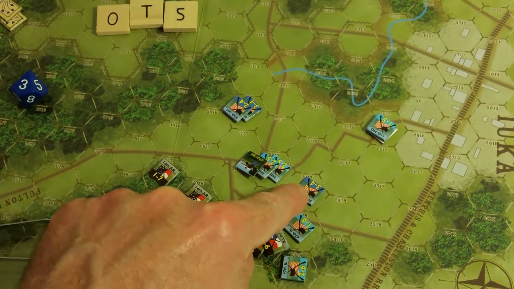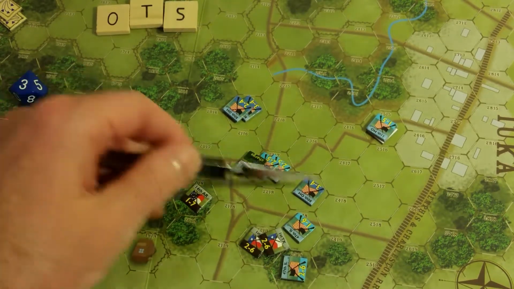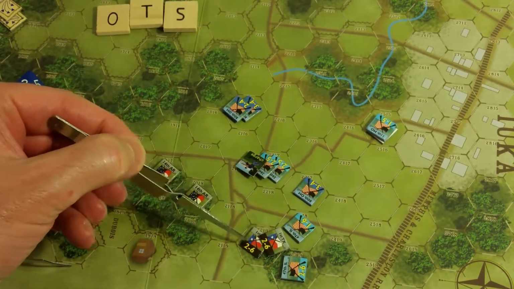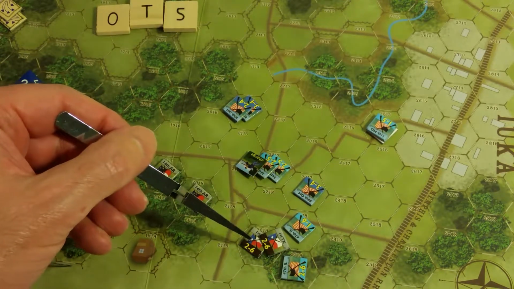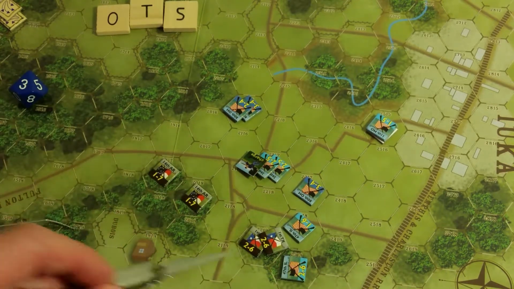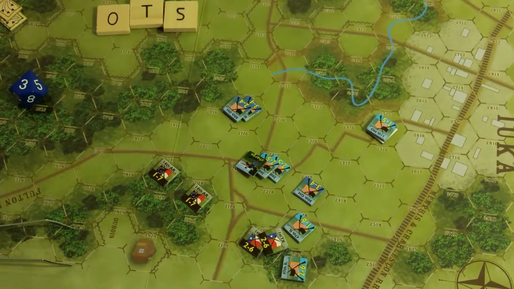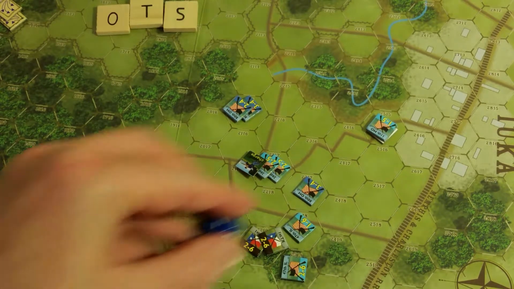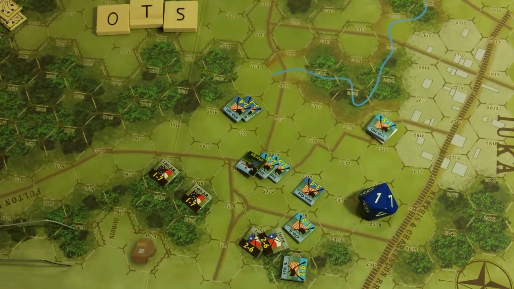It says 3 base fire times 1 for 2 hex range is 3, minus 1 for the rebels being in the woods. Okay. So then the Union would roll, and let's just say they rolled a 1, which is a disruption.